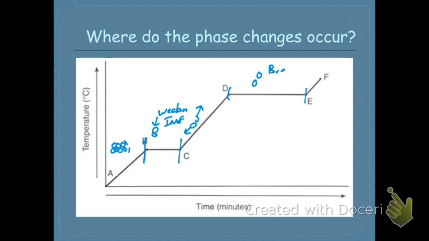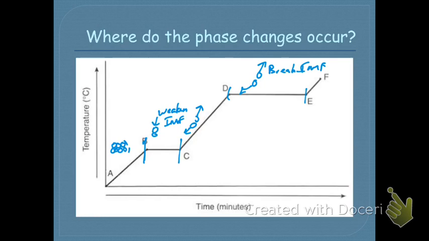So here we break IMF. The liquid has enough energy to break the IMF, and so the energy is used for that. They're moving at the same velocity or speed, but now the energy is being used to break IMF. So that's why we don't see a temperature change.